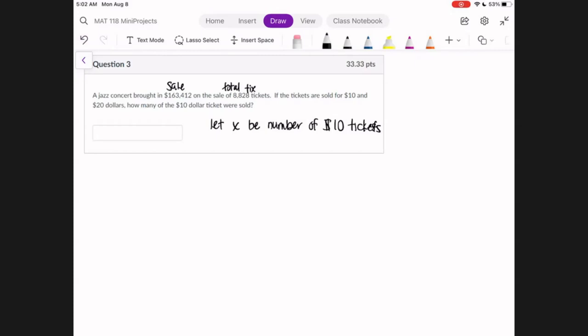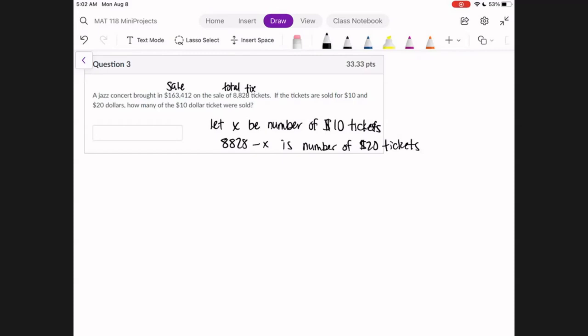Then we could say, well, if we sell 8,828, then 8,828 minus x is the number of $20 tickets.